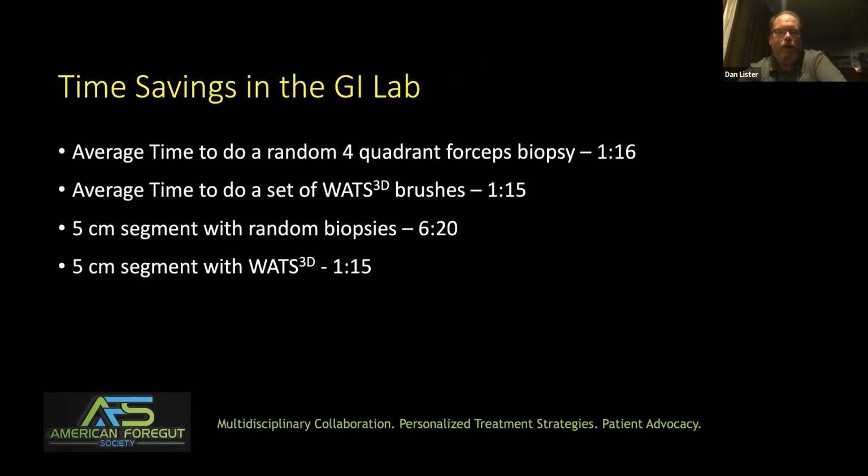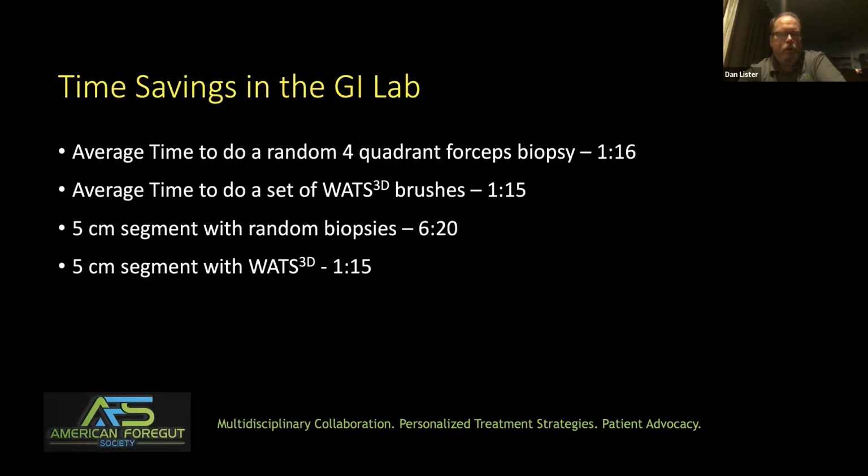One of the questions I often get asked about is, how is this going to change time-wise for my endoscopy? And we looked at the average time to do one 4-quadrant Seattle protocol biopsy. In our lab, it was 1 minute and 16 seconds. The average time to do a 5-centimeter segment with the Watts 3D brush, which is 2 brushes, was 1 minute and 15 seconds.